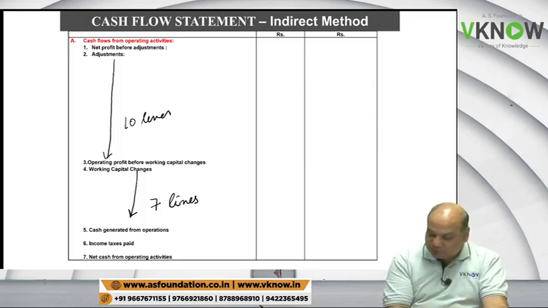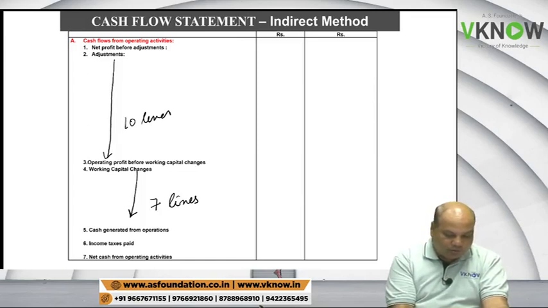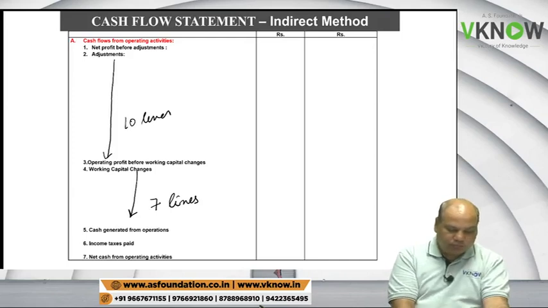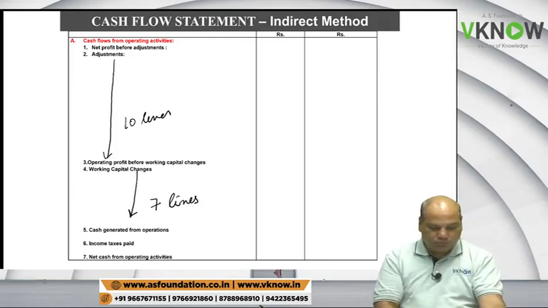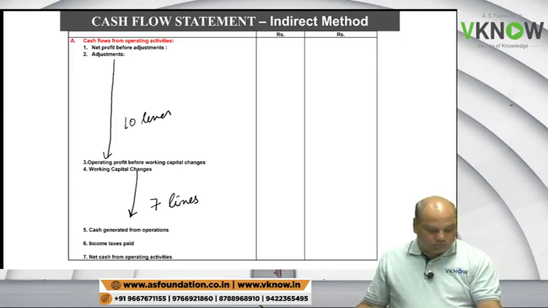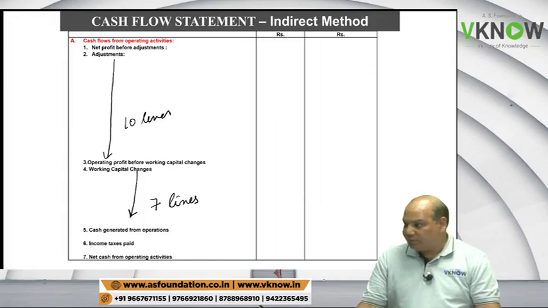Point number seven, net cash flow from operating activity.